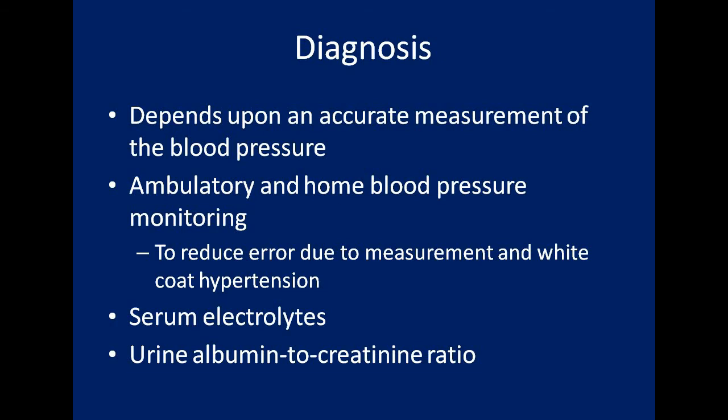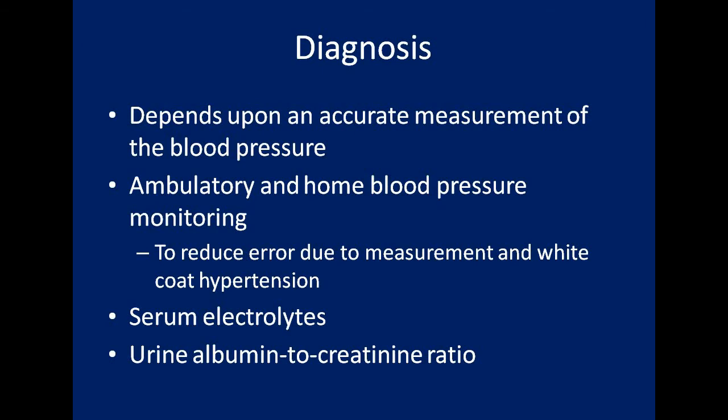Now moving to the diagnosis. First of all, we should measure the blood pressure accurately. Clinic or hospital measurements can produce errors due to the presence of white coat hypertension, so ambulatory or home blood pressure monitoring is preferred. Similarly, we should look at serum electrolytes to rule out hyperaldosteronism.